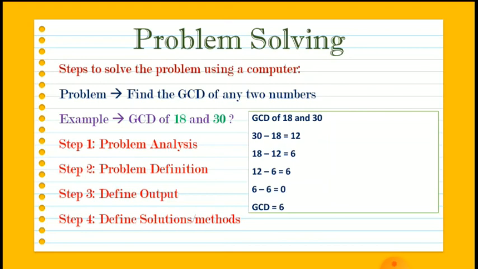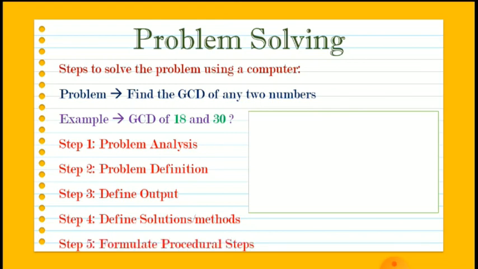So like that, there are a number of methods available to find the GCD. Out of that, you have to choose the best method to find the GCD. So now we will see the fifth step. The fifth step is formulate procedural steps.